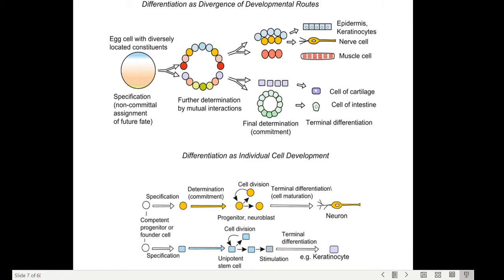So in this divergence of the developmental route, we have 3 different steps: mutual interaction determination, the commitment determination, that is final determination, then the terminal differentiation.